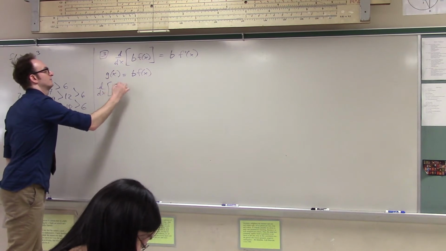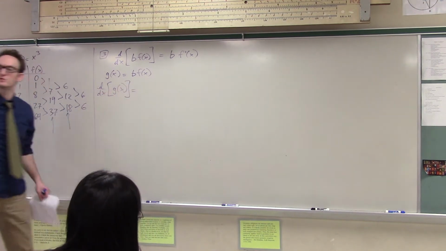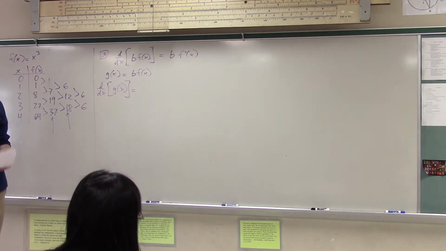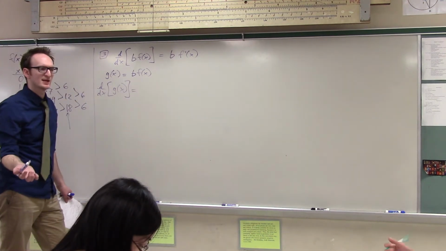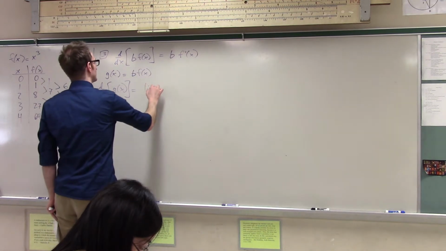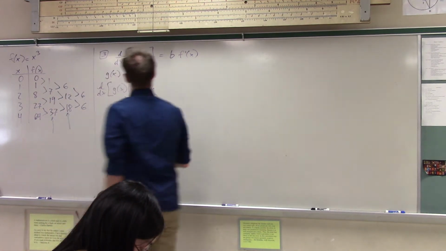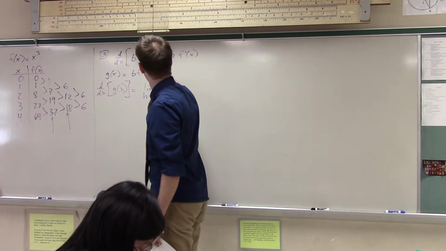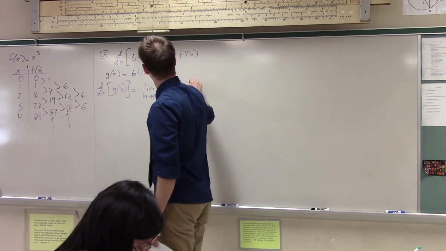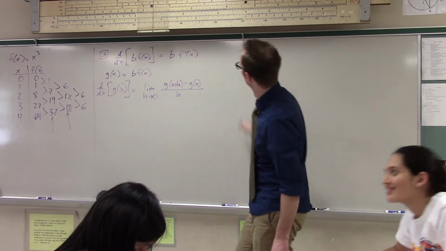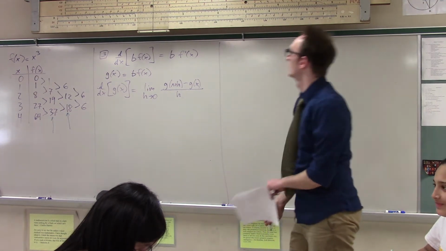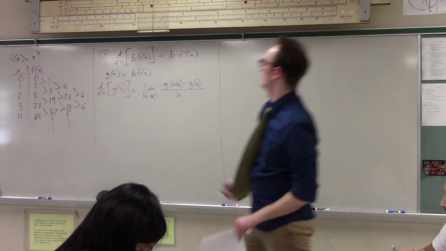Does everyone see what's going on here? Do it out using the definition of the derivative. Just takes about 5 seconds. So we said the limit as h goes to 0 of g of x plus h minus g of x all over h. And what is all that stuff?